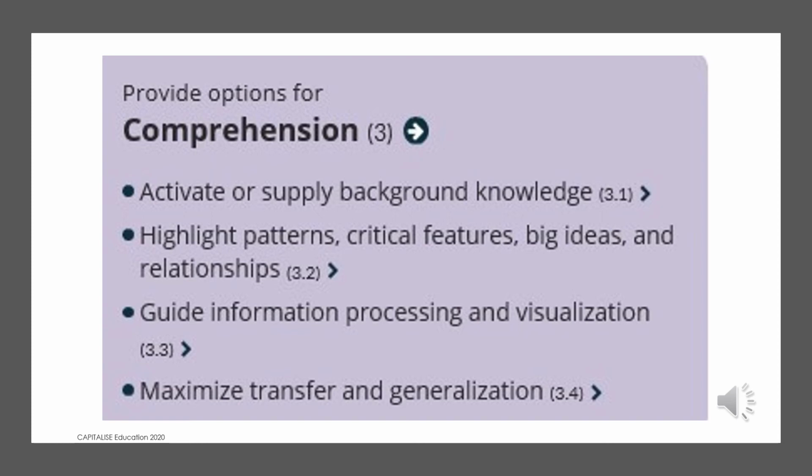And one way that teachers support students to develop internal strategies for comprehension is to support students to highlight patterns and critical features, big ideas and relationships in information. By doing this, they support students to guide information processing and visualization when they engage with new knowledge.